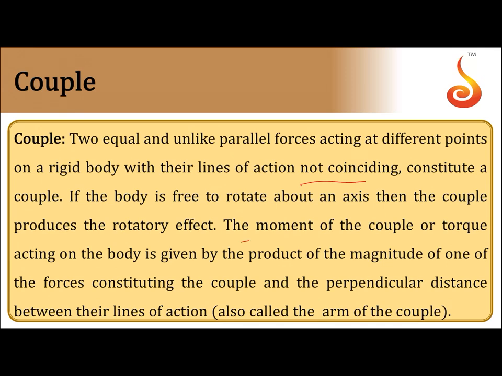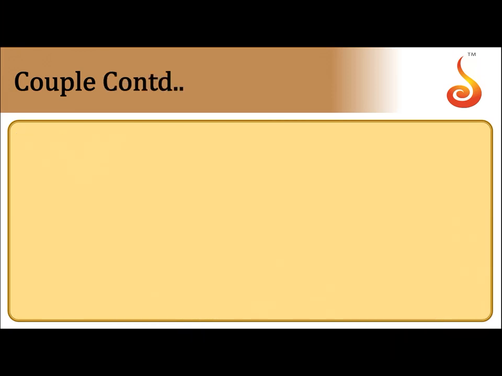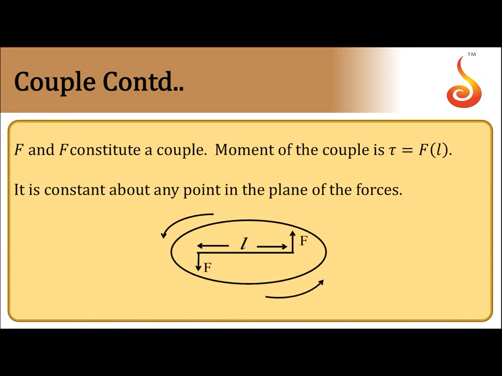The moment of couple or torque acting on the body is given by the product of the magnitude of one of the forces constituting the couple and the perpendicular distance between their lines of action. This distance we call the arm of the couple. Here two equal forces F and F constitute a couple, producing a pure turning effect. So the moment of couple is F into L.